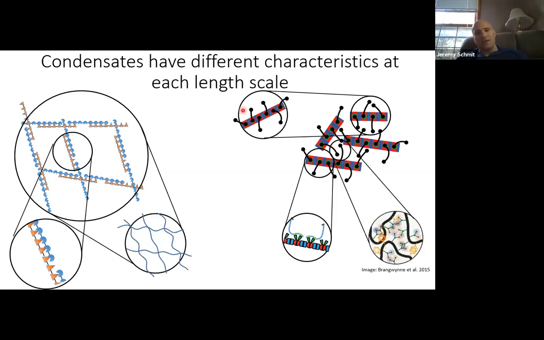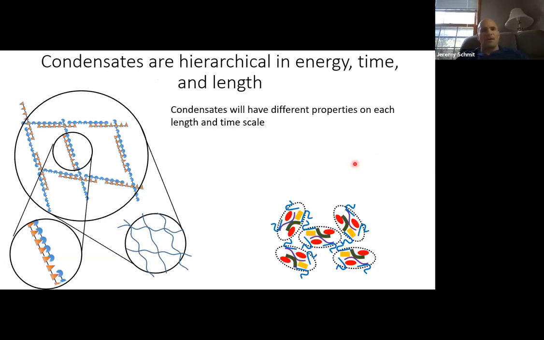And then inside here, we had this amino acid level sticker and spacer topology that Rohit told us a lot about back in August. So different properties can emerge on each length scale, and each one of these length scales can have different encoded functionality.